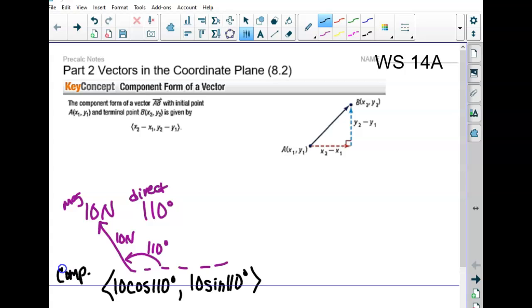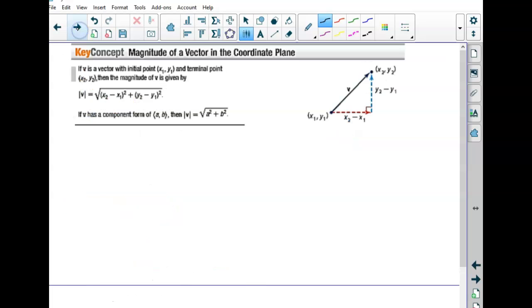Does that sound familiar? Okay, today we're going to find the components when they tell us two ordered pairs that we're connecting. The order is important though. If it says it's going from A to B, then you subtract the ordered pairs, the X value from B minus A, and same for the Y value.